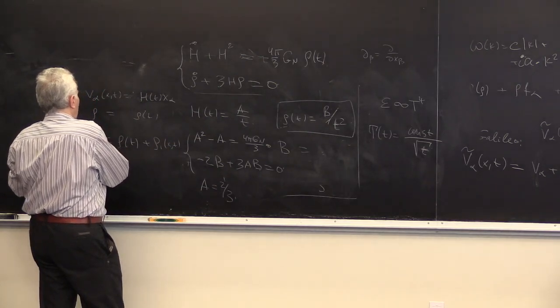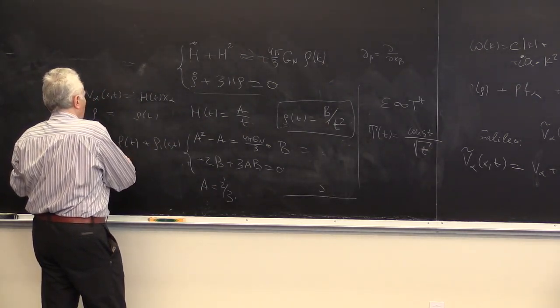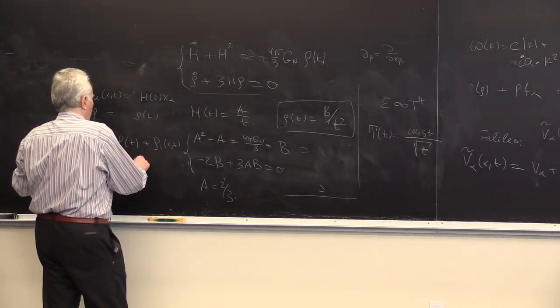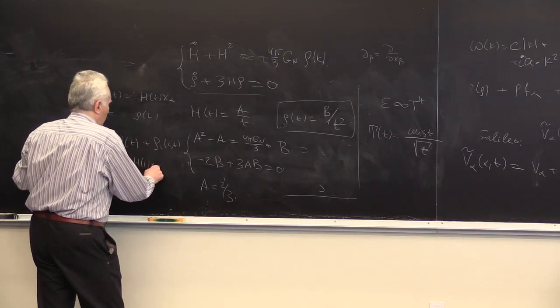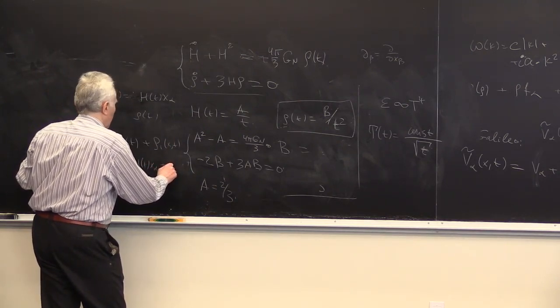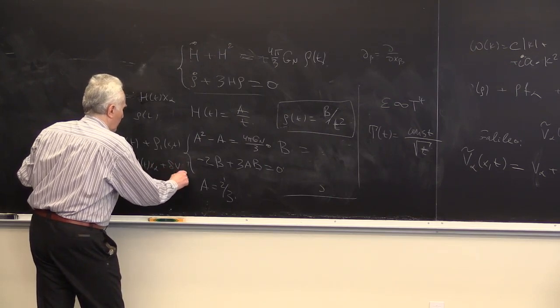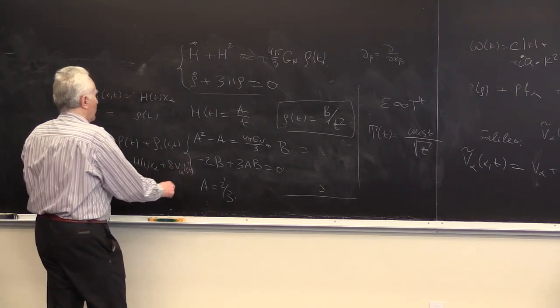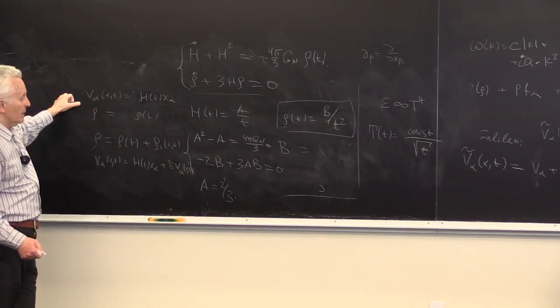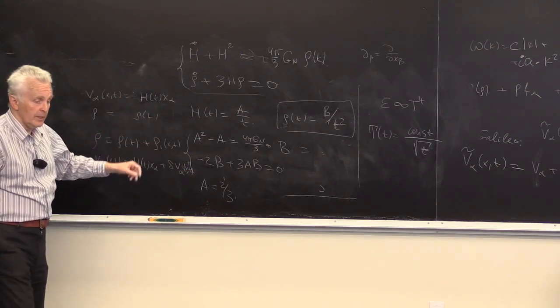We will take V alpha of x and t, which is h of t x alpha, plus delta V alpha of x and t. Delta V alpha is a small perturbation of velocity. And then we will write linear equation.